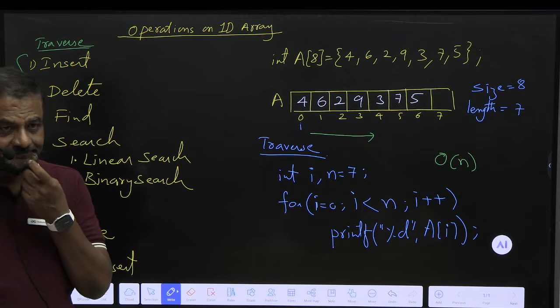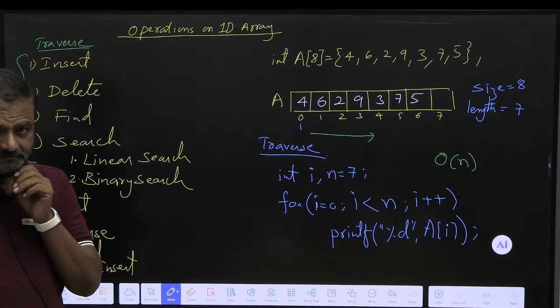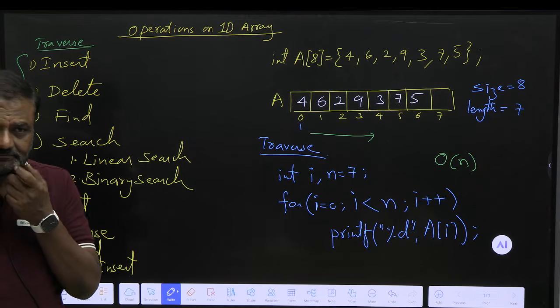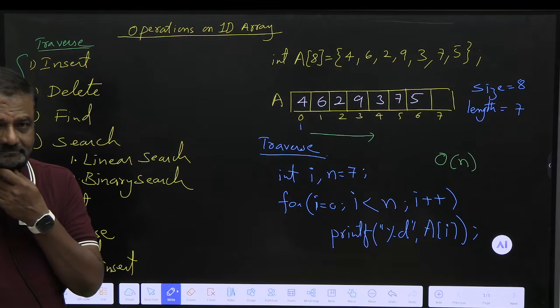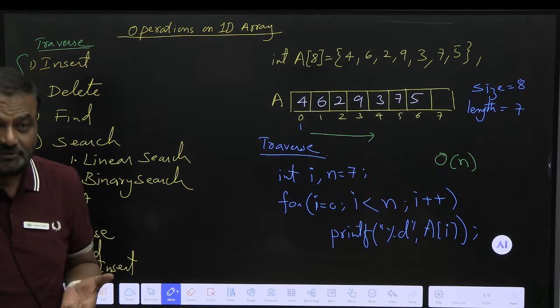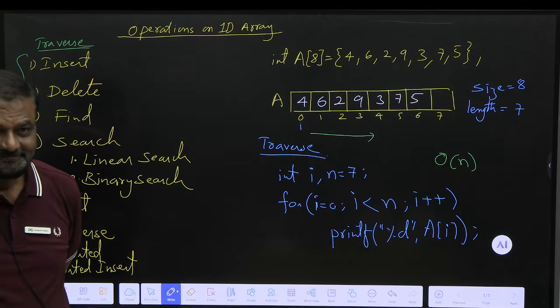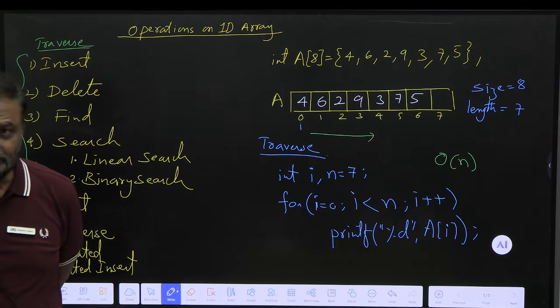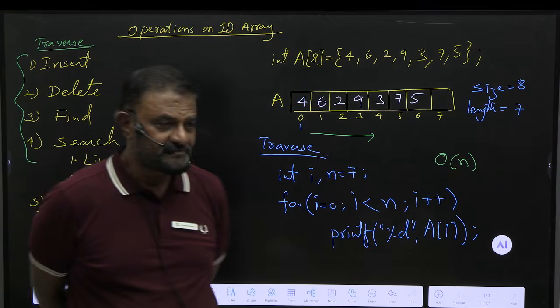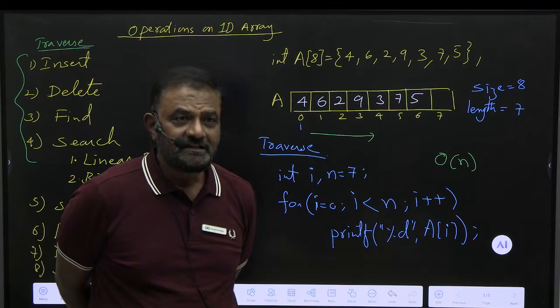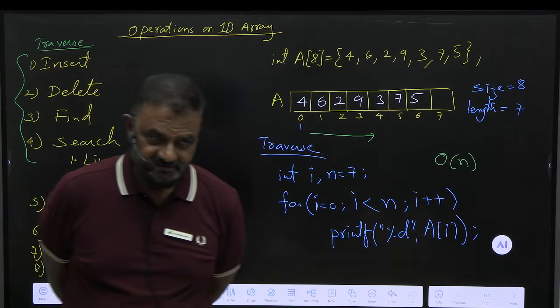How many elements have we stored? Size is 8. You may be declaring an array of size 10, but you are storing only 4 elements initially. Later on, you will be adding more elements to it.